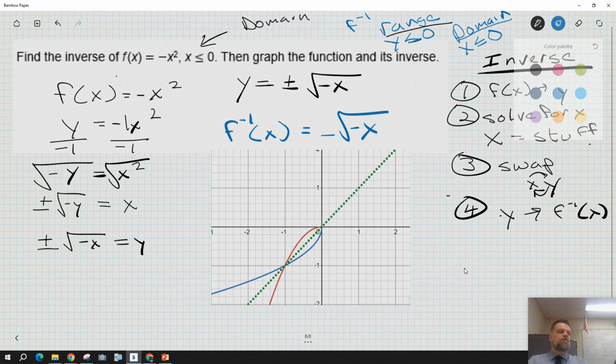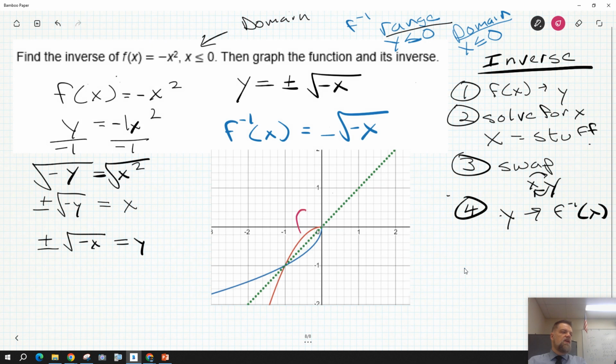But let's label these things so we know what we're doing. So this was f of x equals negative x squared with the restriction x is less than or equal to 0.